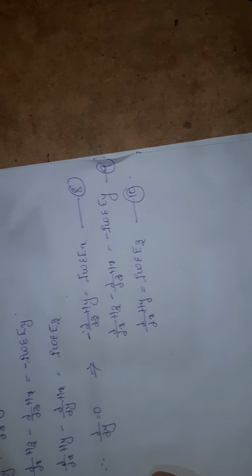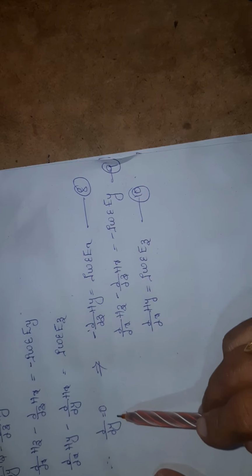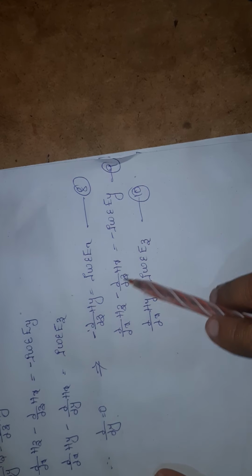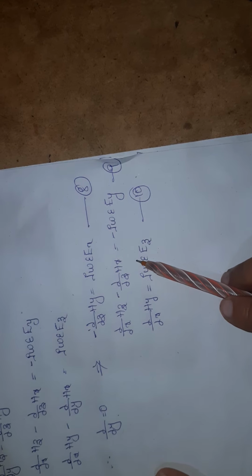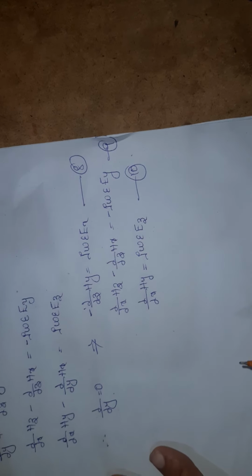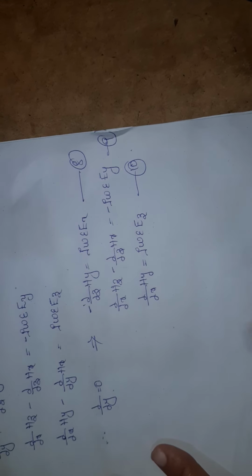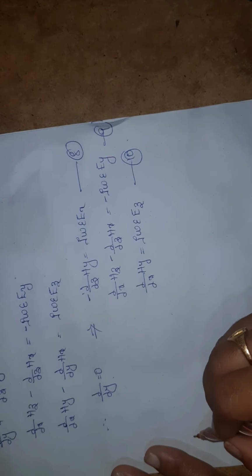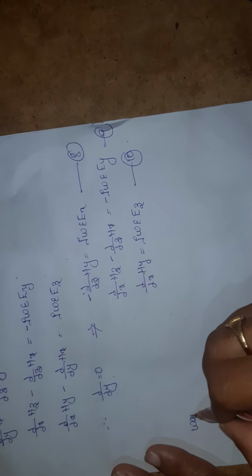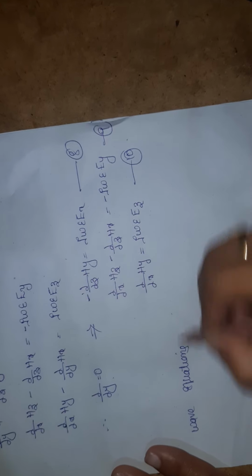Okay, so we have applied dou by dou y equal to 0 only for curl expressions. We also considered wave equations in the starting. So what are the wave equations?